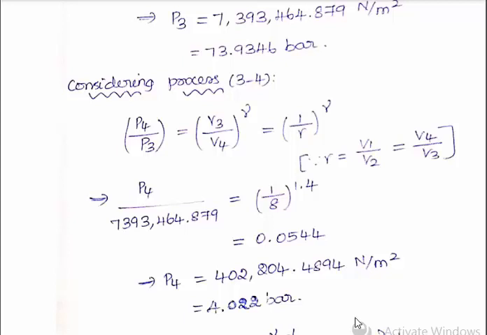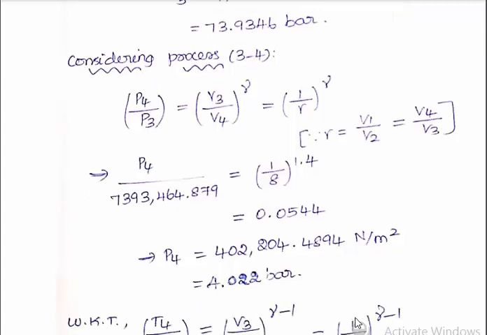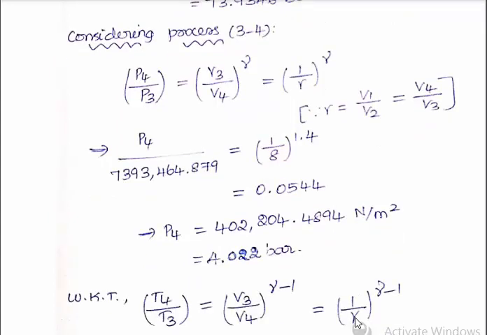R is equal to V1 by V2, similarly V4 by V3. So V3 by V4 appo namma reciprocal of the compression ratio nu ezhudhikkalaam. Sariyaa? 1 by R appadinnu ezhudhikkalaam. So 1 by R is 1 by 8, power gamma is 1.4. P3 value substitute pannaale namakku P4 oda value directaa kidachirum, 402204.4894 Newton per meter square.